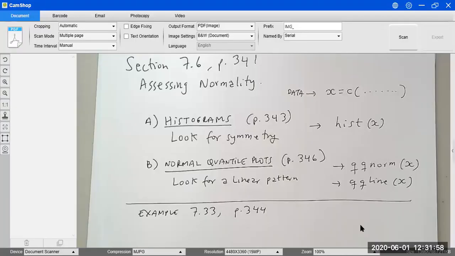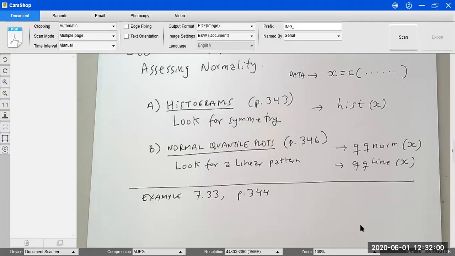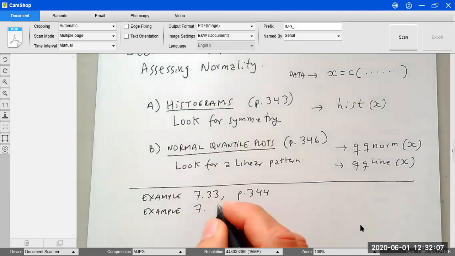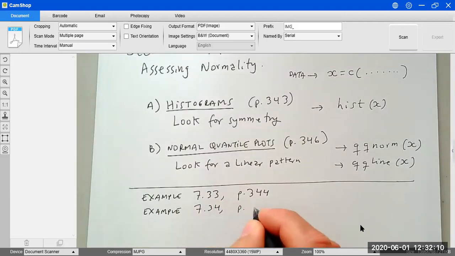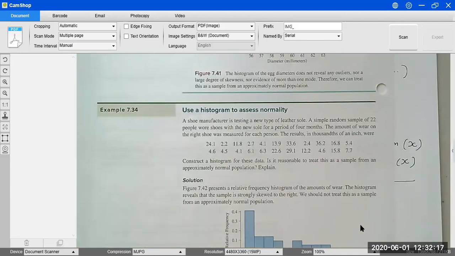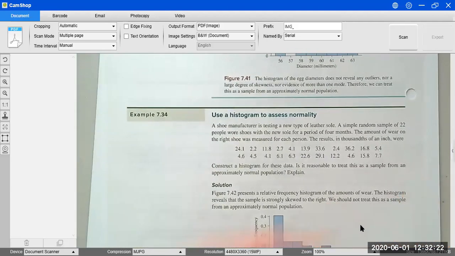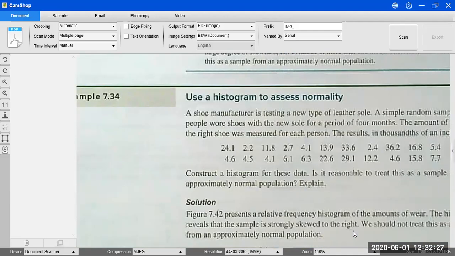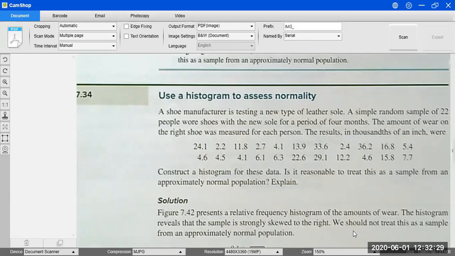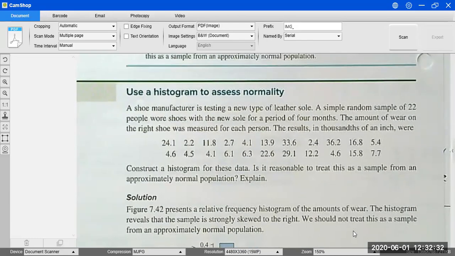The next example that we're going to work on is example 7.34 on page 344. So another histogram is going to be constructed. Now it is this problem. A shoe manufacturer is testing a new type of leather sole.